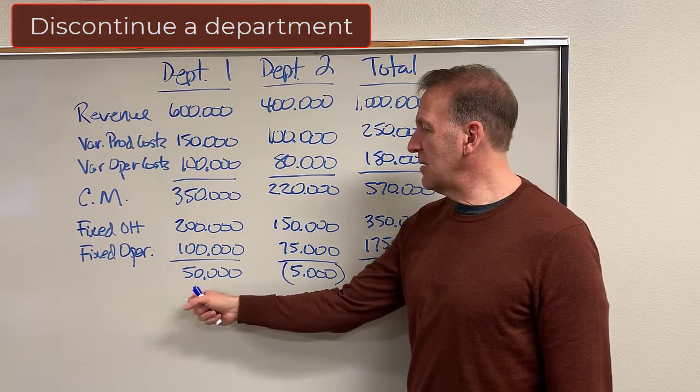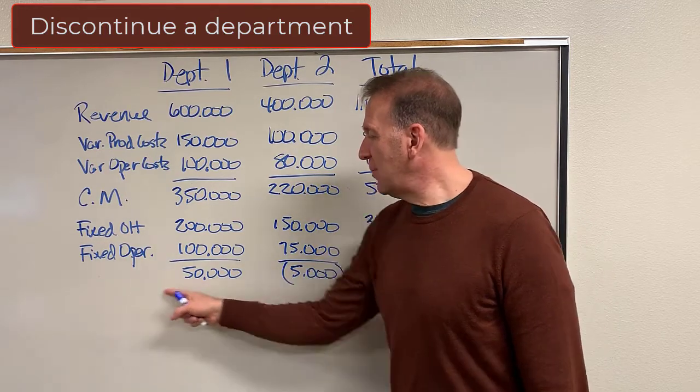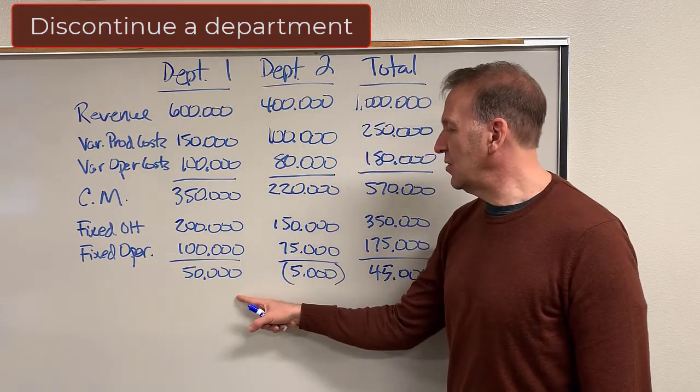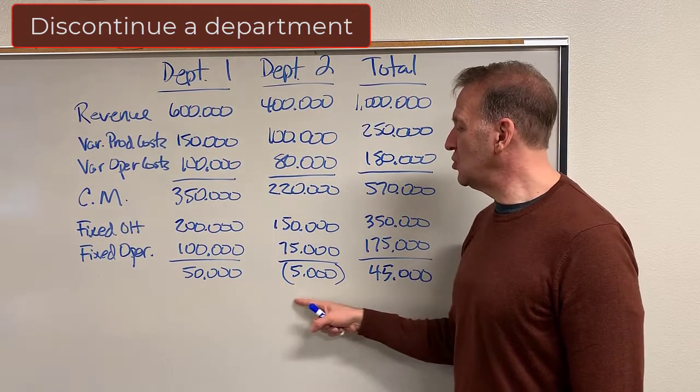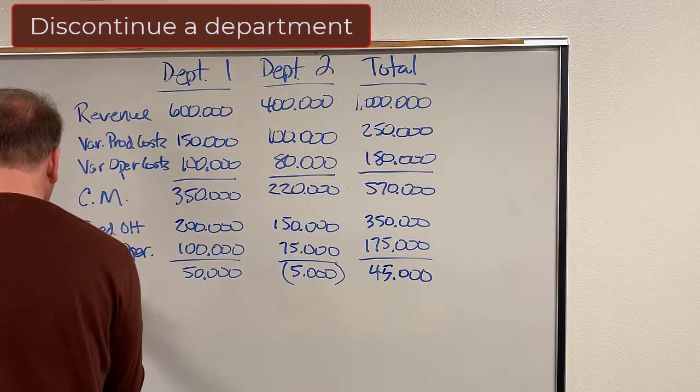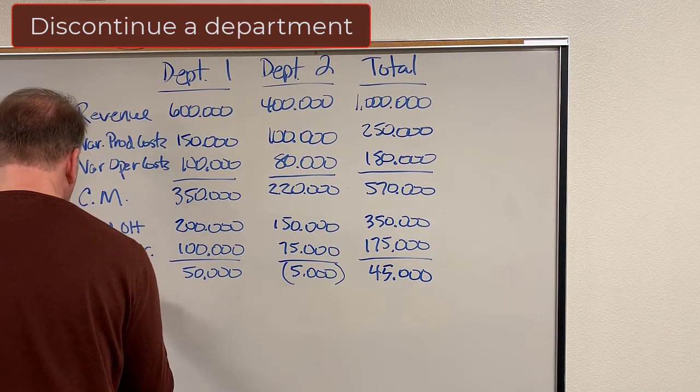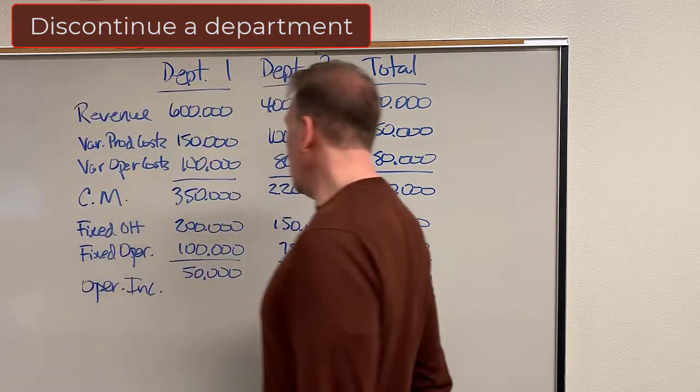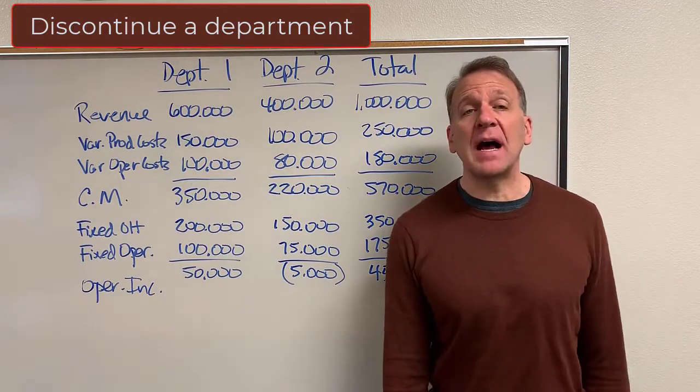Well, hopefully you've gone down to the very bottom and looked at the operating income of $50,000 in Department 1, and in Department 2, our operating income is a negative $5,000.